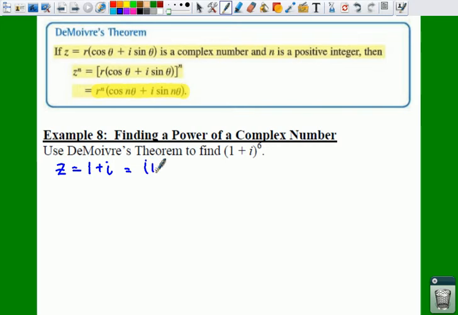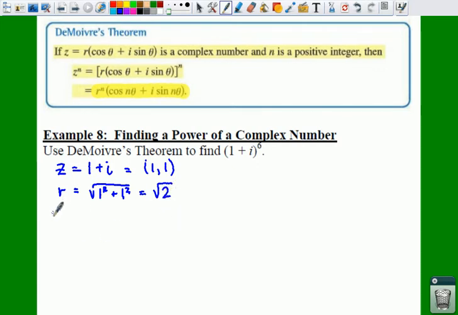So this just means we have the ordered pair 1 comma 1. So we need to find out what r is. r is going to end up being the square root of 1 squared plus 1 squared. That gives us a radical 2.